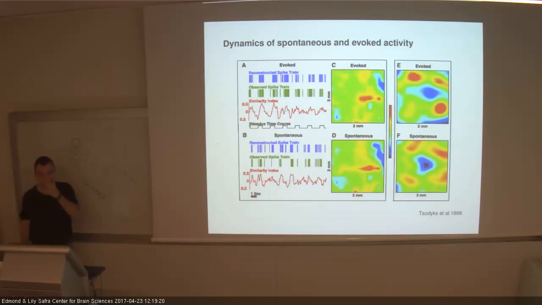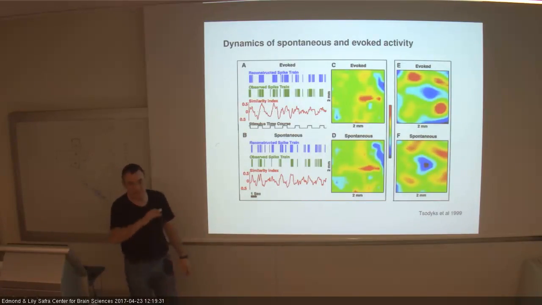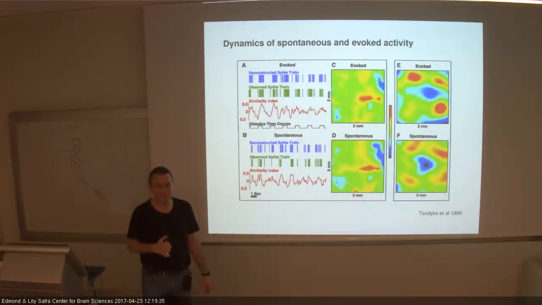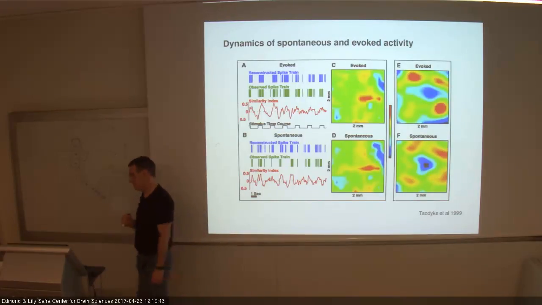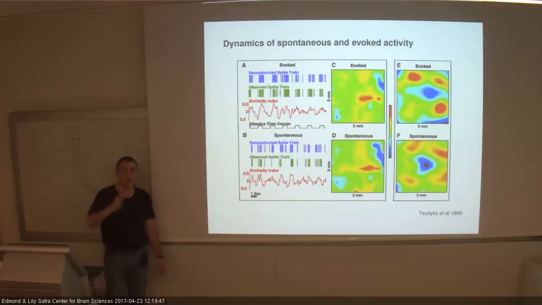Yes? Does the activity change in time? I'm sorry? If you look at the activity, it's a function of the time. It does change. Well, if you present the same stimulus, again, it's complicated, but for the purpose of the discussion, if you present a constant input, constant stimulus, and you wait sufficiently long, you get a constant response.